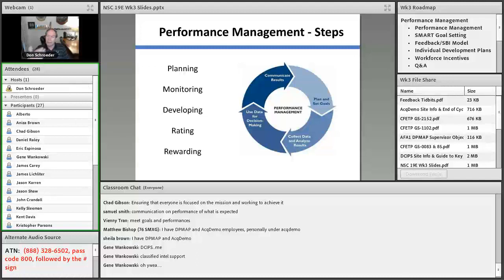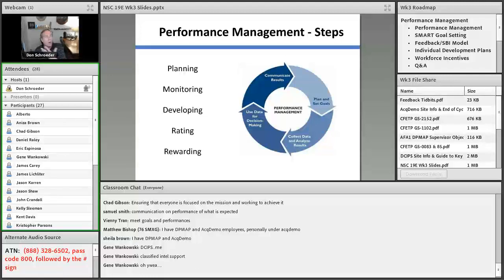Normally we're doing some sort of development, whether it's through civilian developmental education, or just on-the-job training, maybe some TDYs to learn a new piece of equipment or a new process. There's some sort of developing happening at all times, because even if an individual has no mind to promote, if something's changed, we have to learn this new stuff. So we're developing.